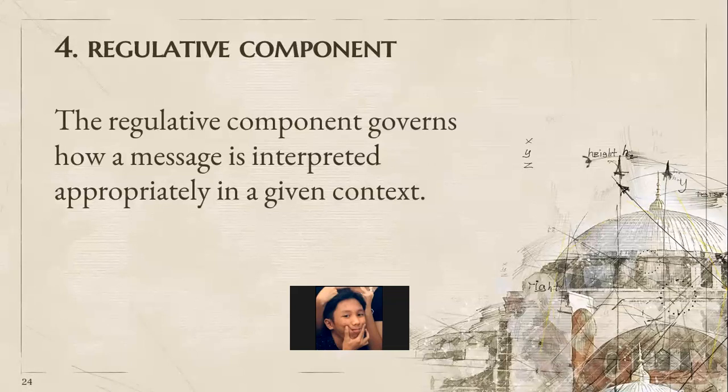The regulative component governs how a message is interpreted appropriately in a given context. Now, this is what we call pragmatics. How the words, phrases, sentences used in a specific context nagkakaroon ng connotative and figurative meaning.